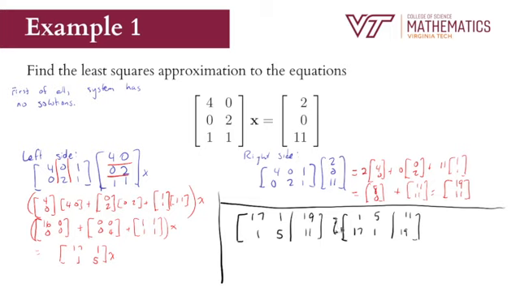So switching rows, and then I want to get rid of this 17. So row 2 minus 17 row 1. These numbers are going to get a little hairy for a second, but they will work out really nicely in a moment. 17 minus 17 is 0. 1 minus 85 is negative 84. And 19 minus 187 is negative 168.